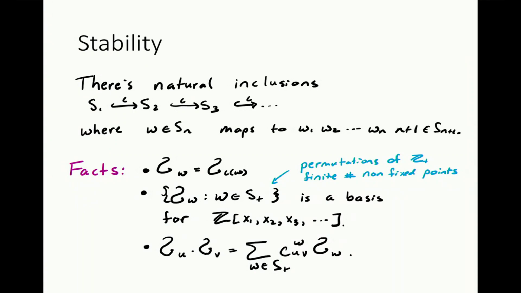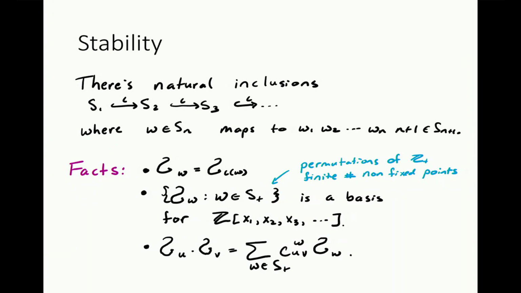One of them is the stability property. There are natural inclusions of one symmetric group into another symmetric group. We just take the permutation that we had in S_n, throw an n+1 at the end of the string, and then think about it as a permutation in S_{n+1}. It's a fact that the Schubert polynomials are stable under this inclusion.